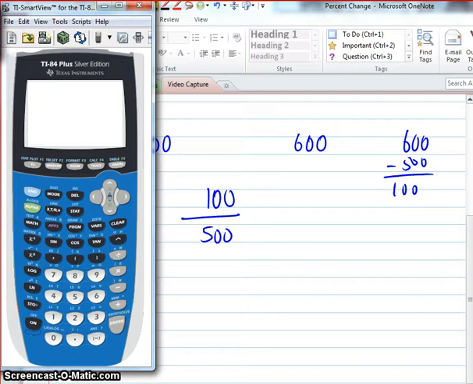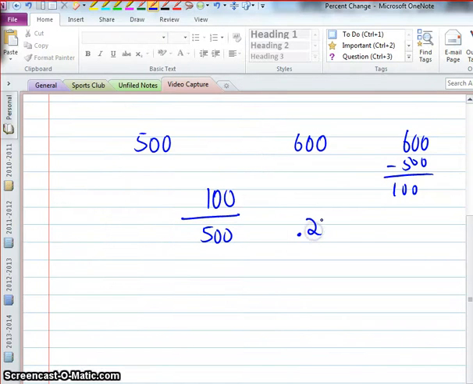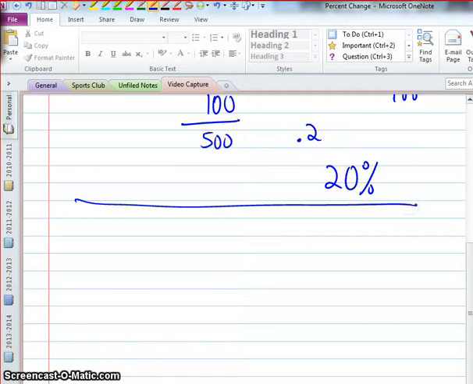You should hopefully be able to do this in your head. And as we learned from our previous example, 0.2 is 20%. That is the amount the songs increased from one year to the next.